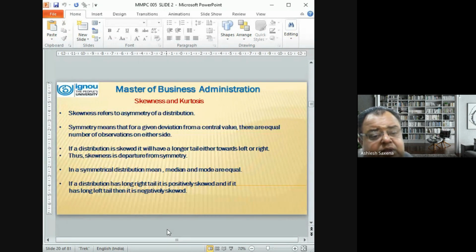Or skewness is departure from the symmetry. In a symmetrical distribution, mean, mode, and median are equal. If a distribution has a long right tail, it is positively skewed, and if it has a long left tail, it is negatively skewed.